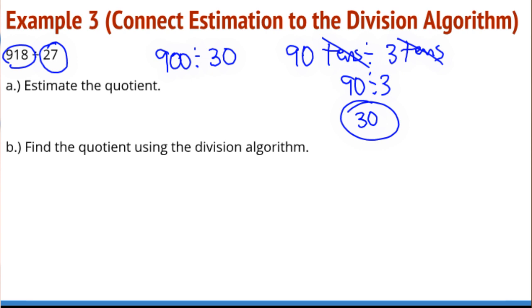And now we're supposed to use the division algorithm. So I've got 918 divided by 27. We're going to go slowly through here and make a connection, hopefully, between our estimate and using the division algorithm. So I've already estimated a 30 here.